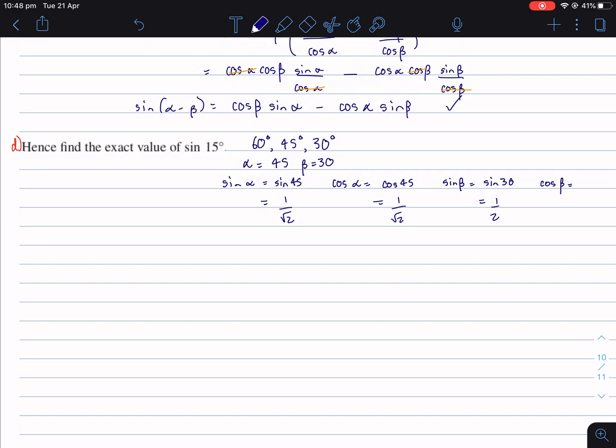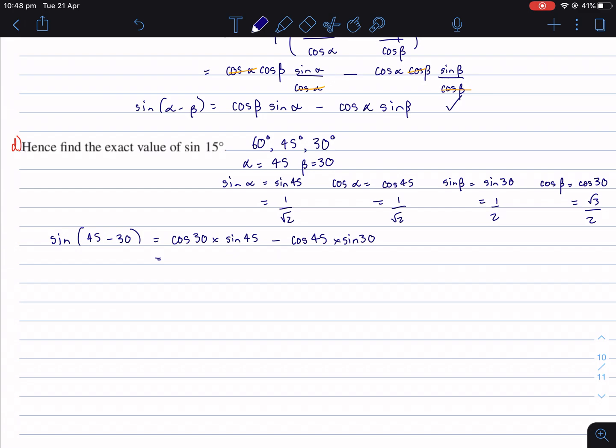Cos beta equals cos 30, root 3 on 2. Which means sine of 45 minus 30 equals cos 30 times sine 45 minus cos 45 times sine 30.